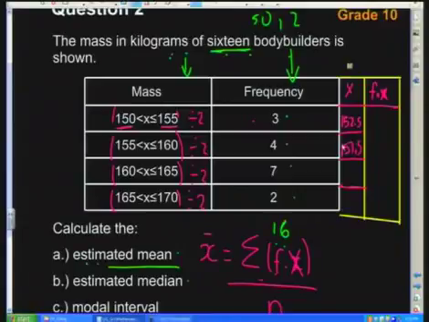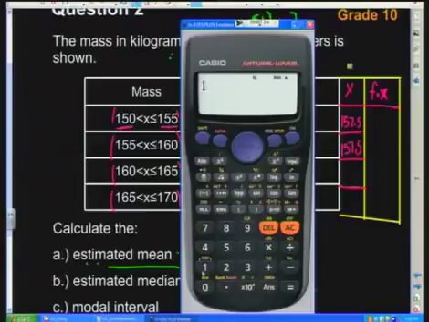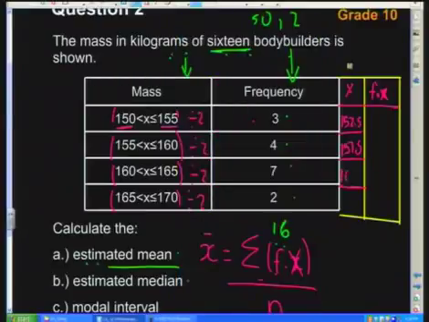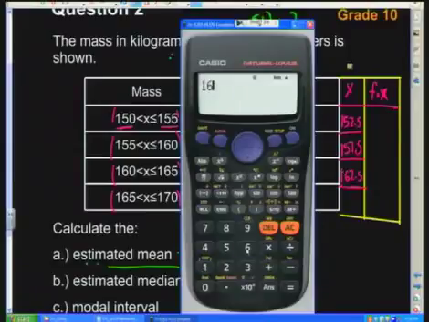Okay. The next one, we've got 160 plus 165 divided by 2. And here you've got 162,5. And then in the last one, we're going to take 165, add 170, and then divide that by 2.